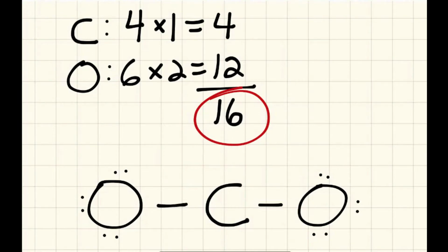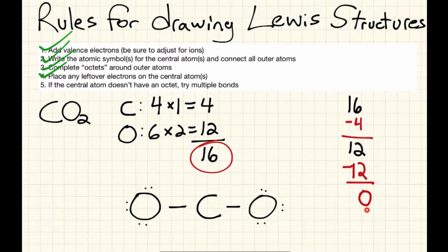In other words, we see it with 8 electrons in its vicinity. Now right here I've got 2, right here I've got 2 more, but that's only a grand total of 4 in the vicinity of this carbon atom. So I need to find a way to give it more electrons, even though I don't have any more to add to this diagram. This is why the rule is suggesting that I try multiple bonds.